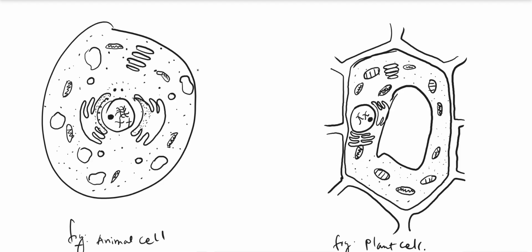Okay, let's name them. This outer part and the inner part is the cell membrane. The only part that is found in plant cell is the cell wall, and this is a protoplasmic bridge.